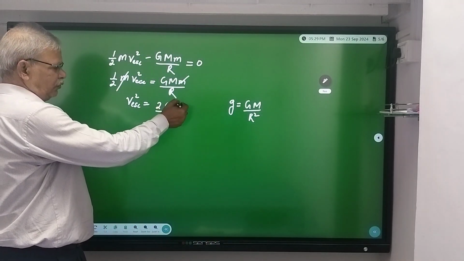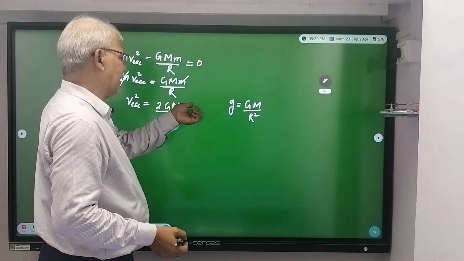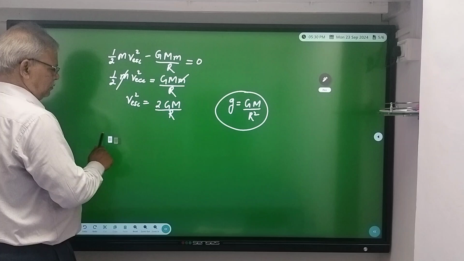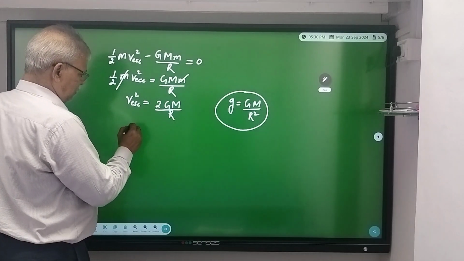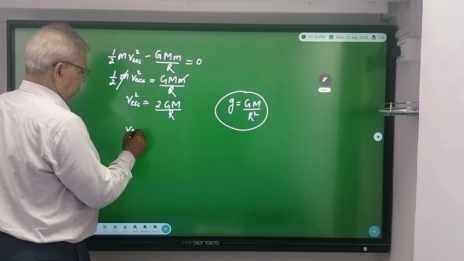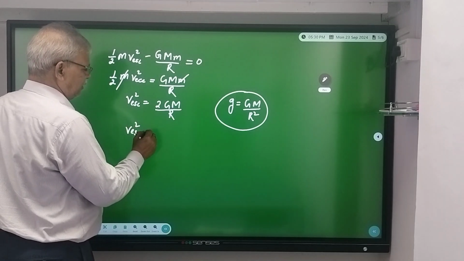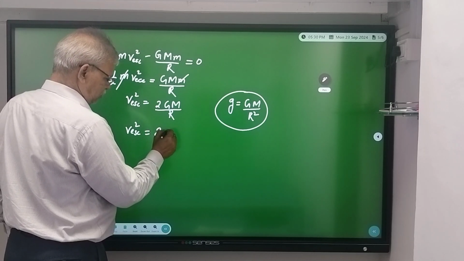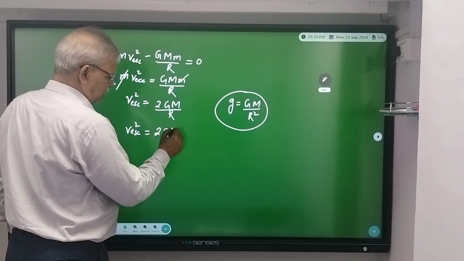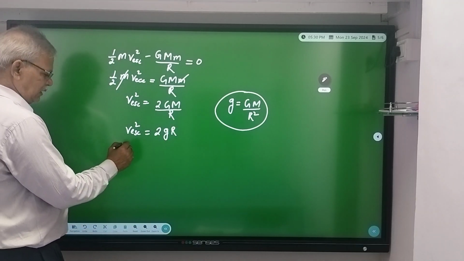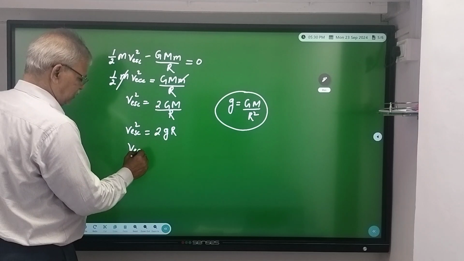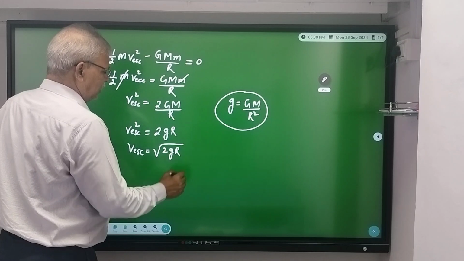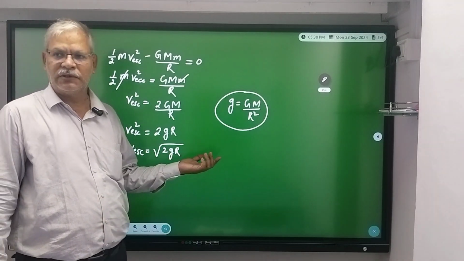Means if I am going to multiply here by R in the numerator and in denominator, therefore here v escape is equal to 2 g R, or we can say the escape velocity is equal to under root 2 g R. It does not depend on the mass of the object.